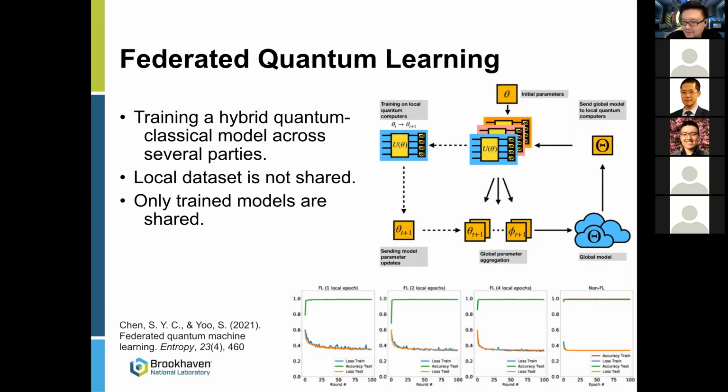Notably, the performance of the quantum federated training is comparable to the non-federated one. And second, since we can have comparable performance with non-federated learning, it is expected that we can leverage such a method with the several small-scale quantum computers that we have these days.